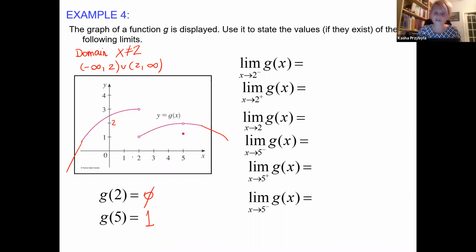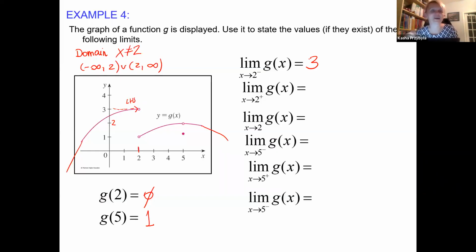That means let's investigate 2. What is the limit of the function g as x approaches 2 from the left-hand side? Can you type it? It is 3. We can see this is the left-hand side at 2, of course, and this graph is approaching the level 3.